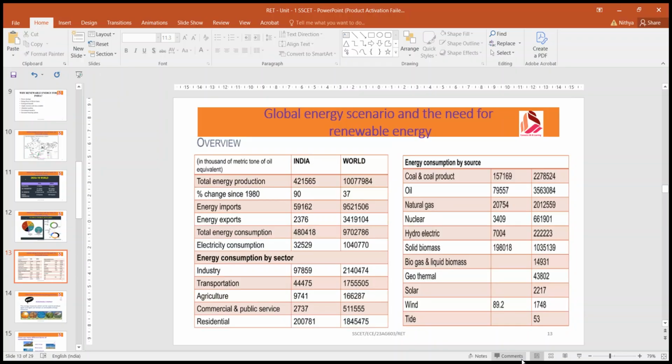In the case of nuclear or biogas generation, India's share compared to the other world is roughly around 5 to 9%.